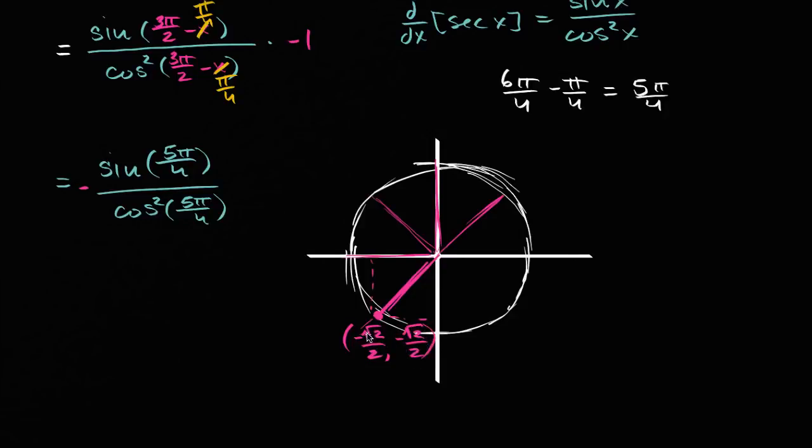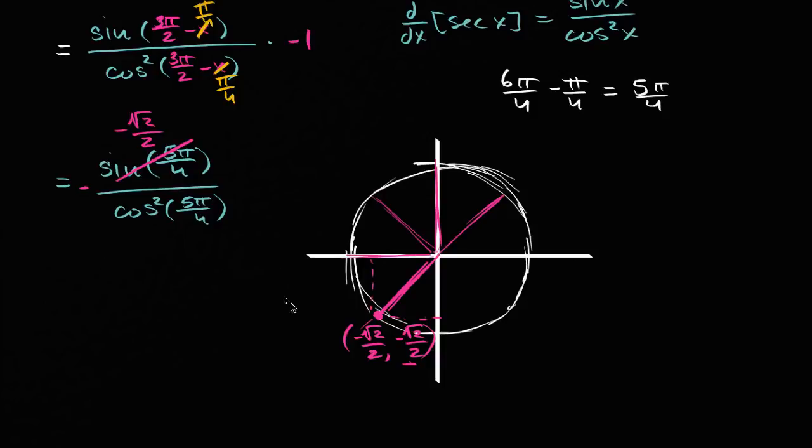If you're wondering how I got that, I encourage you to review the unit circle and some of the standard angles around the unit circle. You'll see that in the trigonometry section of Khan Academy. But this is enough for us because the sine is the y-coordinate. So it's negative square root of 2 over 2.